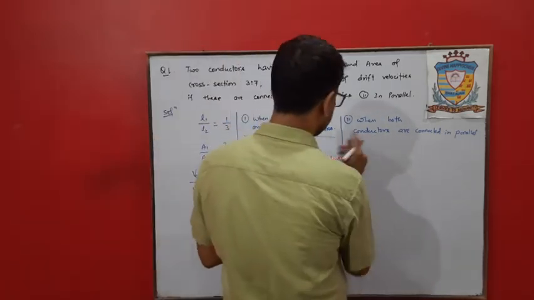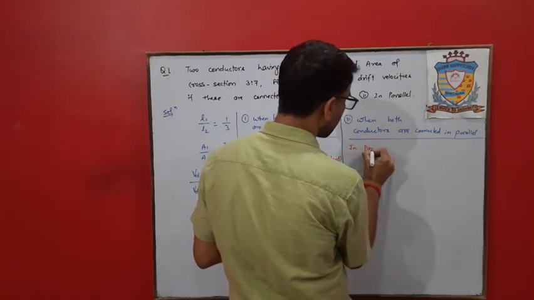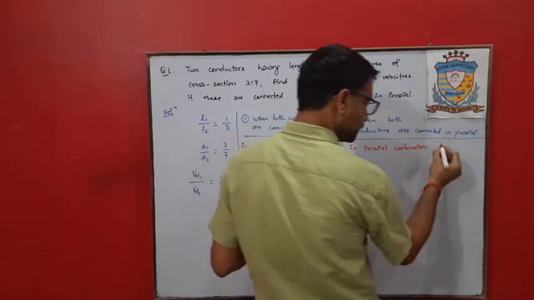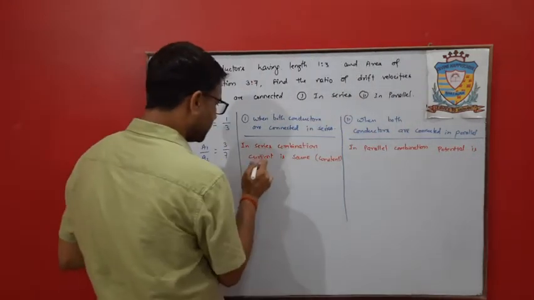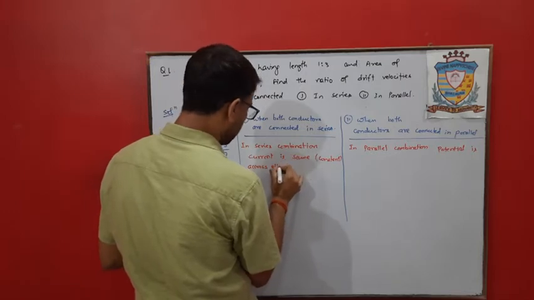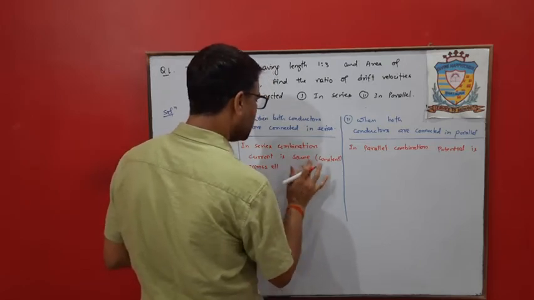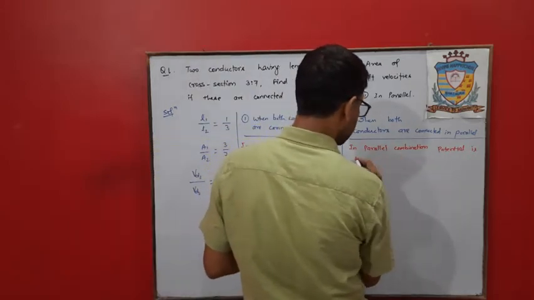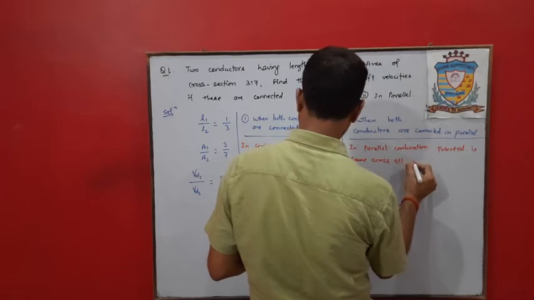And in parallel combination, potential is same across all resistors, or you can say conductors.